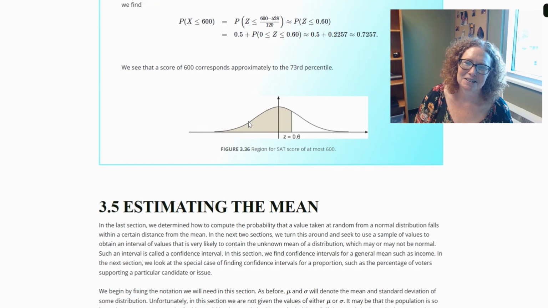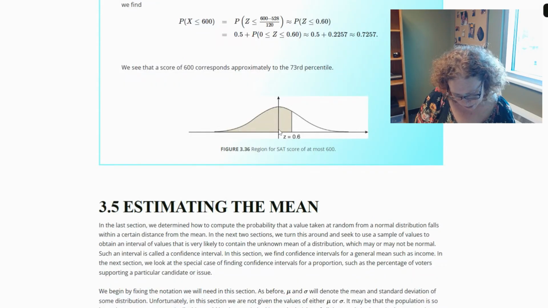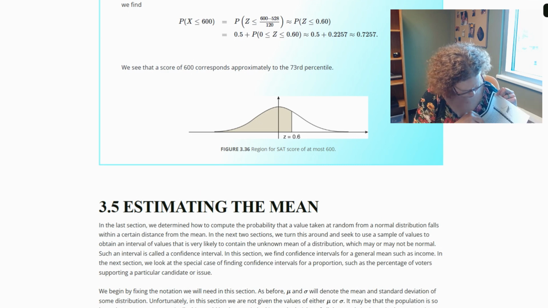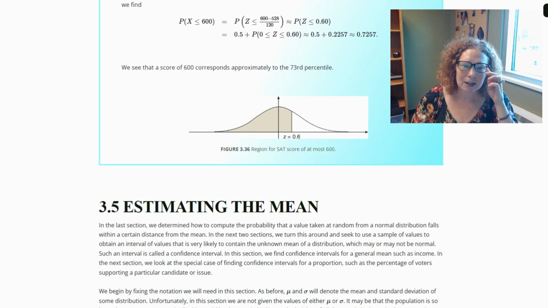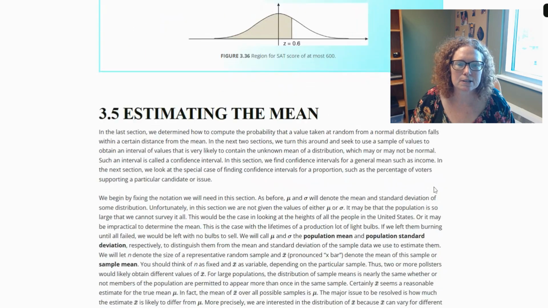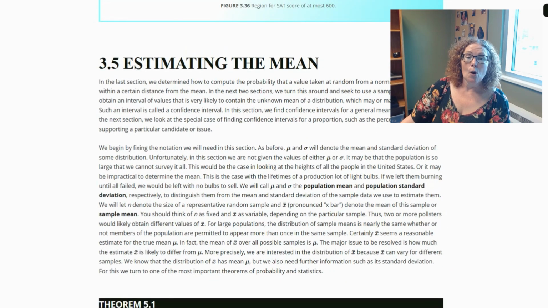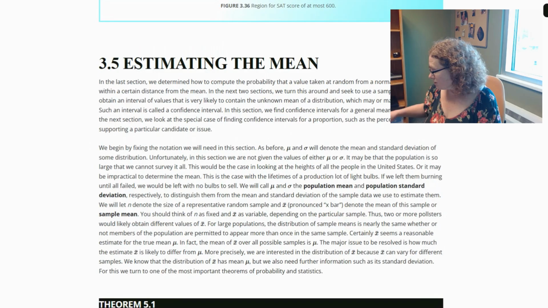It is the 0.5 again right here, plus what we find for 0.6, which is 0.2257. Right there. Okay, and then we would say that it would be 0.6.